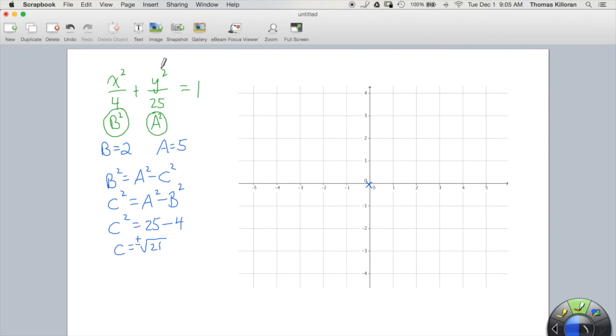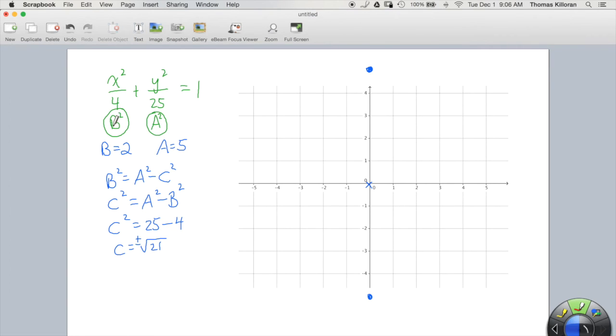So we're going to go 5 up and 5 down because the bigger number is underneath y. If we go 5 up, it's off the picture, but it's right about here, and 5 down, it's right about here. This would be the major axis from one end to the other. And the major axis length is 10 because it's double of a.